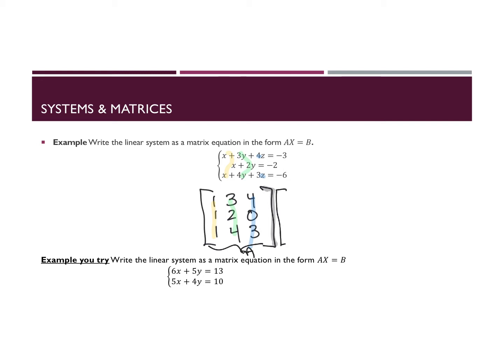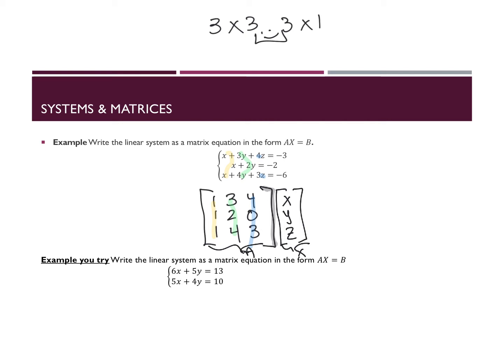Now, these are our variables vertically. The reason they are vertical is because when I go to multiply, we know the matrix A is a 3 by 3 matrix. Matrix X is a 3 by 1 matrix, which results in a 3 by 1 matrix.